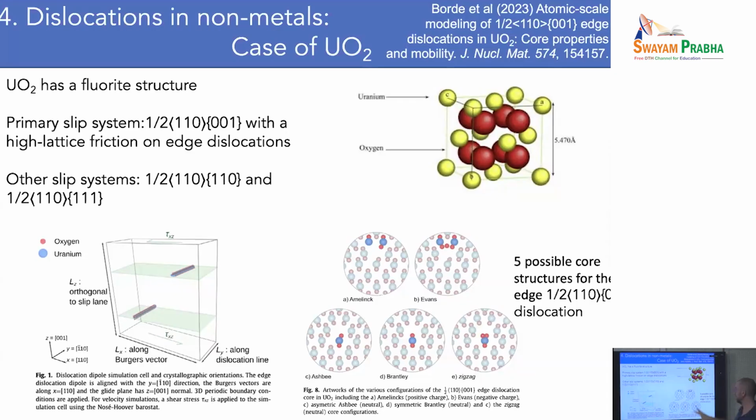In the case of uranium oxide, in DFT, this core is the most stable. This one is close by. This one is more expensive, depending on the potential. We used an empirical potential for these calculations. Actually, this one was of lower energy than that one.